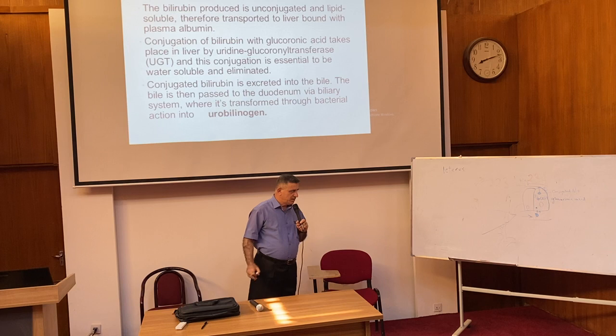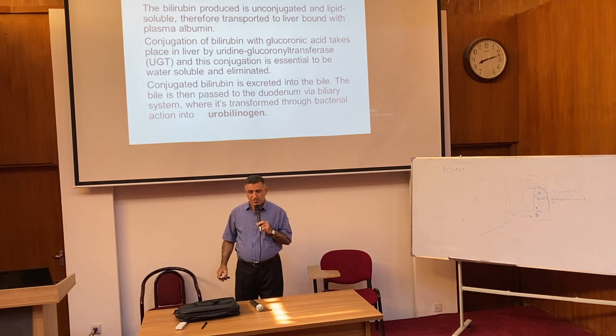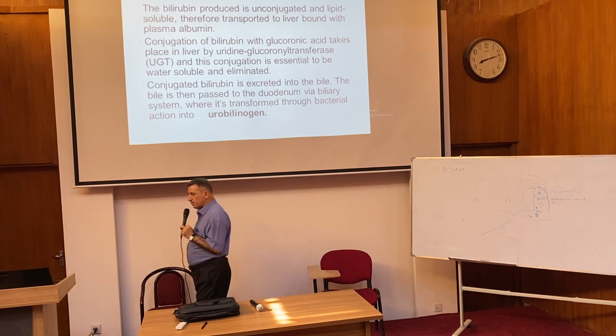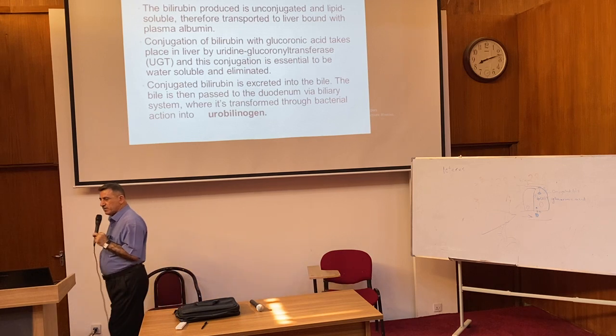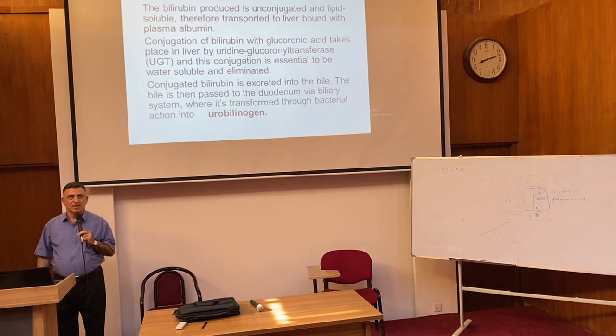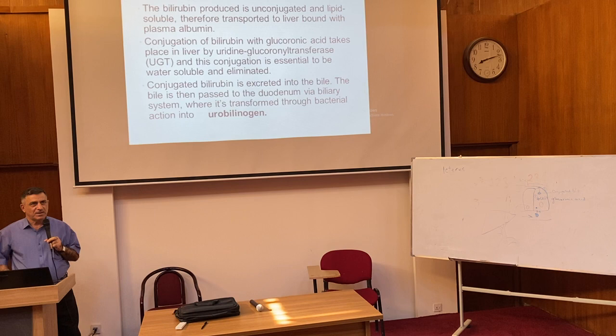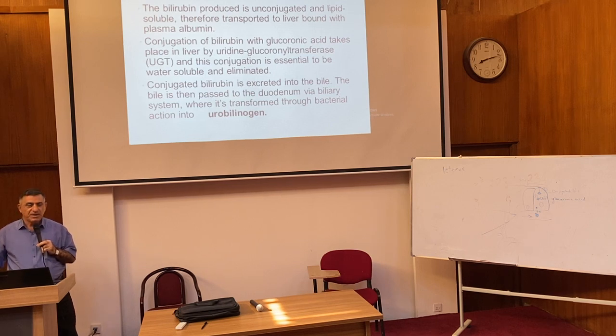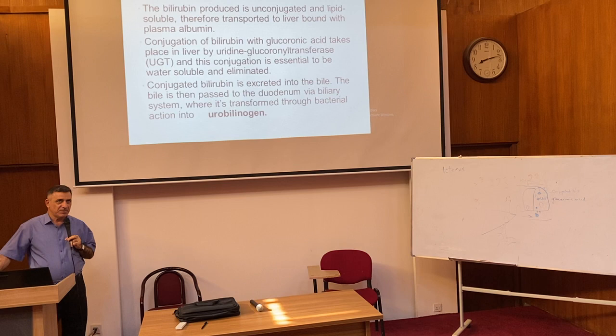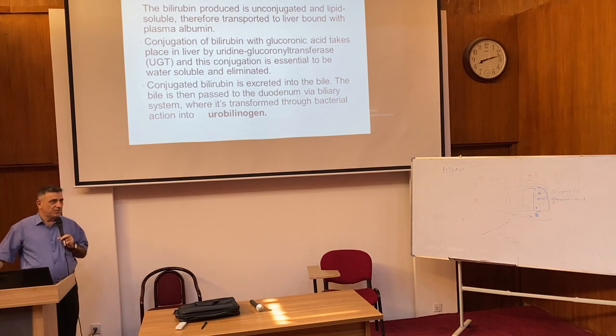Then what happens to the bilirubin in the intestine? When it reaches the terminal ileum and colon, it is acted upon by bacteria and transformed into a new substance called urobilinogen.